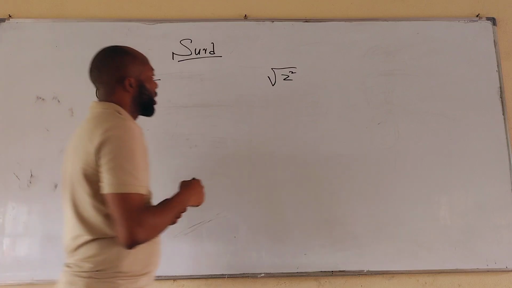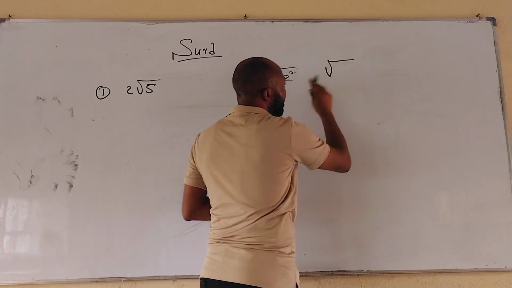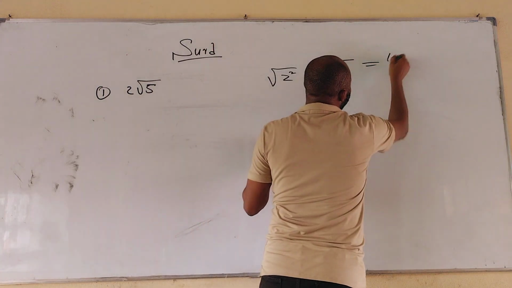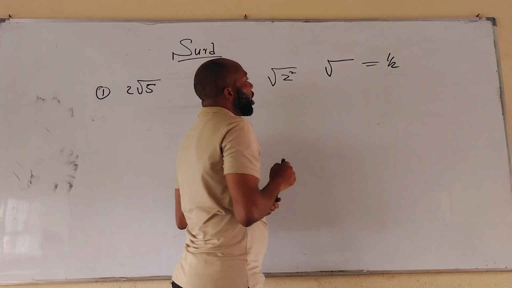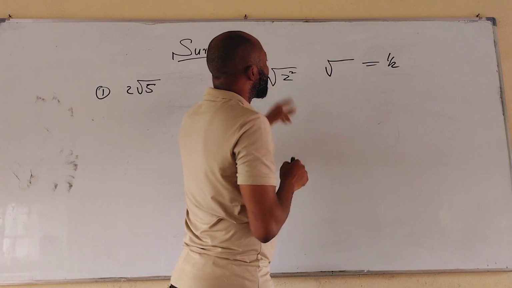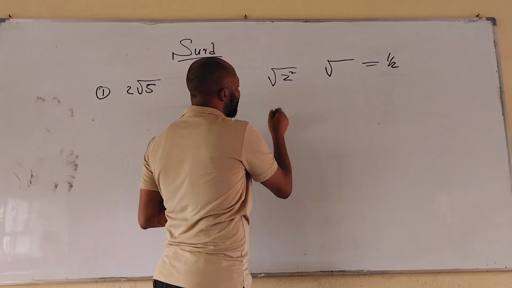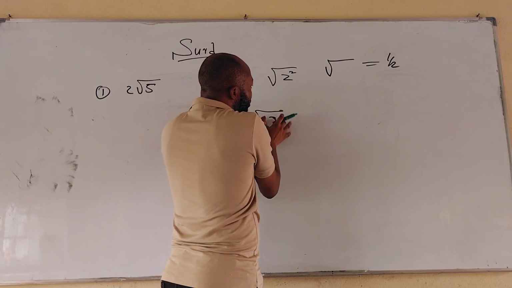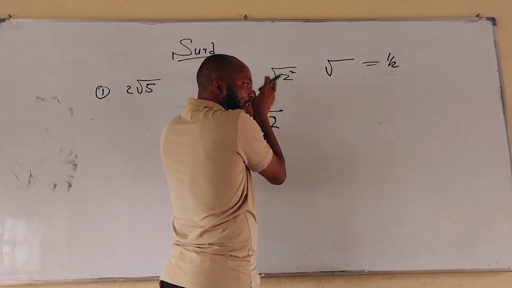Now, why should you square it? First of all, remember the root sign. The root sign is the same thing as the power 1 over 2. And I want to maintain 2. They gave me 2 that I should put inside the root. I want it to be inside a root that maintains its value as 2.